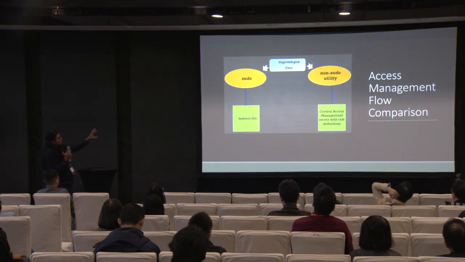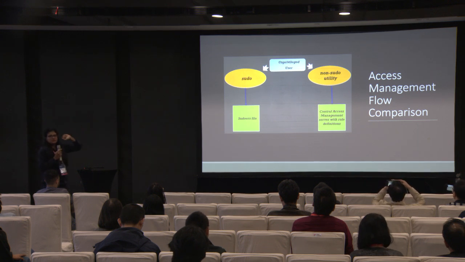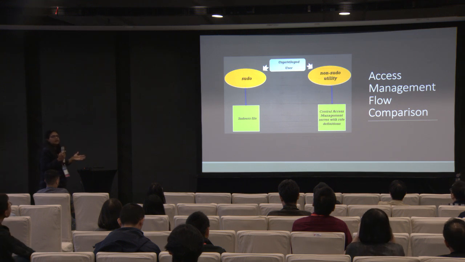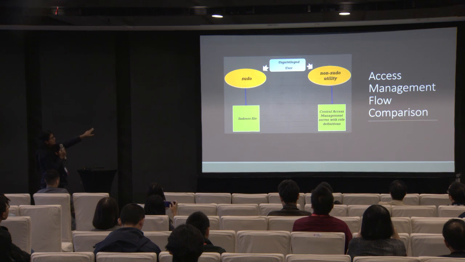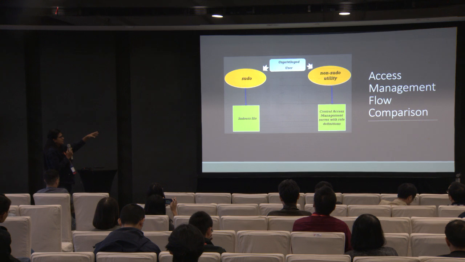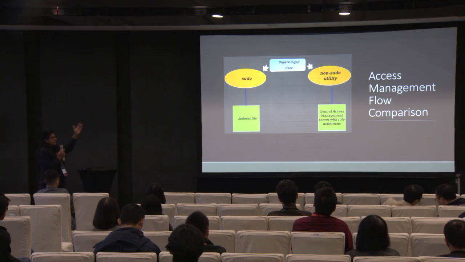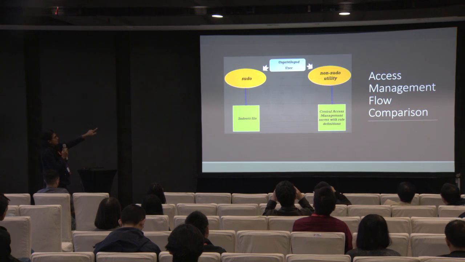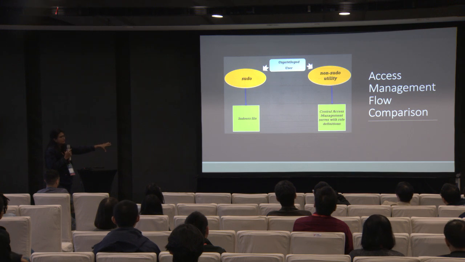So this is again a comparison of the flows. Let's say you are an unprivileged user, and the user wants to do some particular activity, let's say chown. In the earlier scenario, the user would have something defined in the sudoers file which says yes, it could be root trap or some other mechanism, and then the user uses the sudo utility to actually run the command.